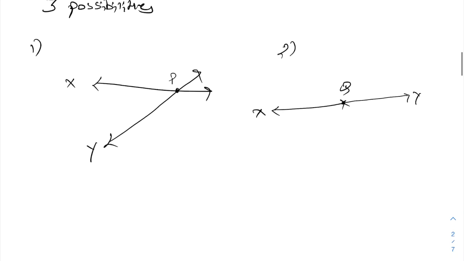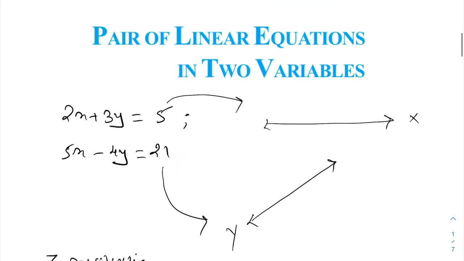Then we get a third possibility for the graph of these two equations: first line x may go in this way, and the second line y may go parallel to the first line. So these are the three possibilities when we draw a graph for a pair of linear equations in two variables.